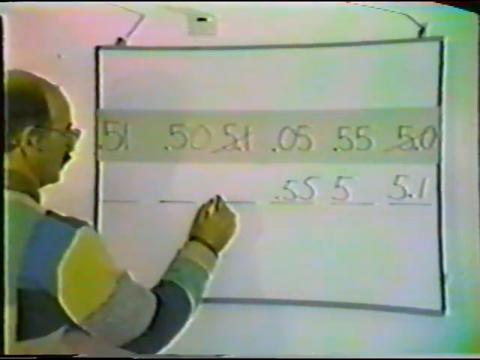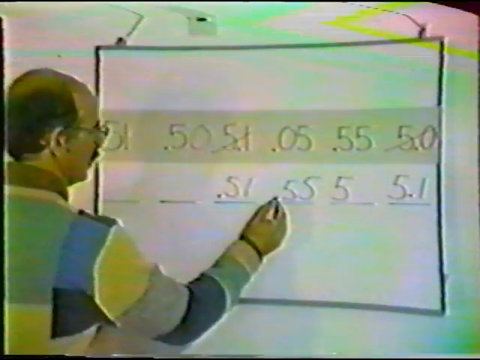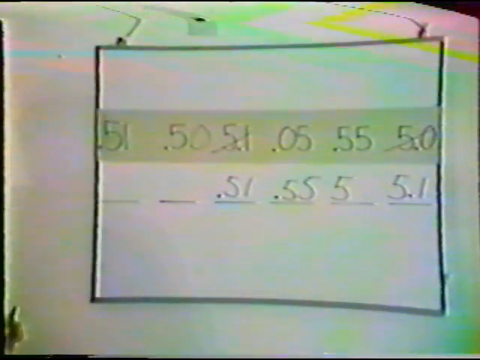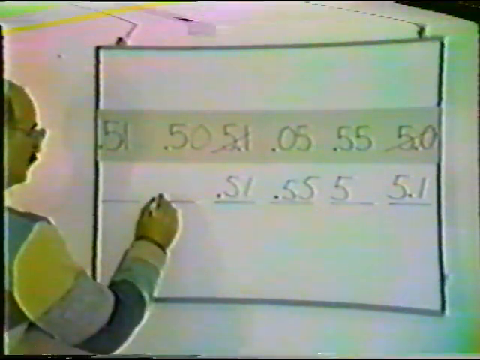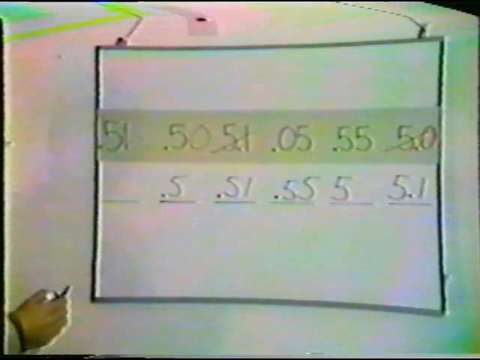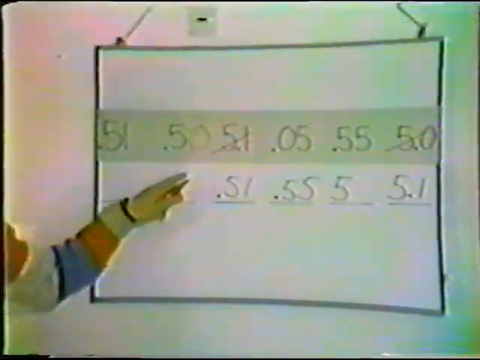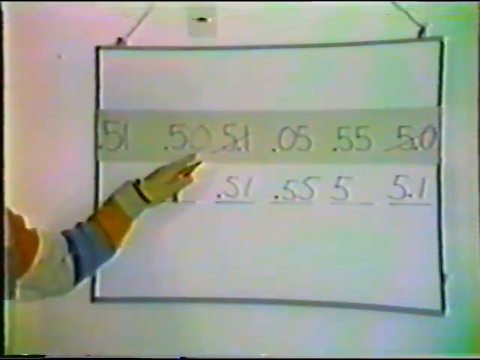51 hundredths. And the next smaller than that? 50 hundredths. But we'll put that in the original form that we had it without the 0 that we added.